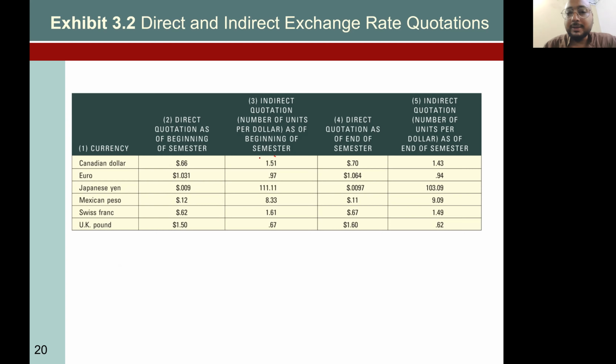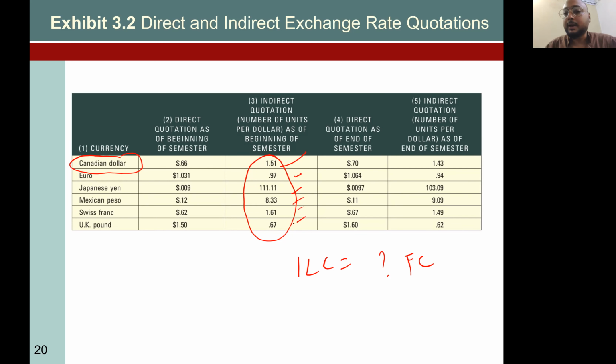So how is this indirect calculated? And what does it mean? Indirect means how much a Canadian dollar is worth in dollars. Like, $1 is equal to how much Canadian dollar? Which means one local currency is equal to how much foreign currency. So this 1.51, you don't see a dollar sign here.